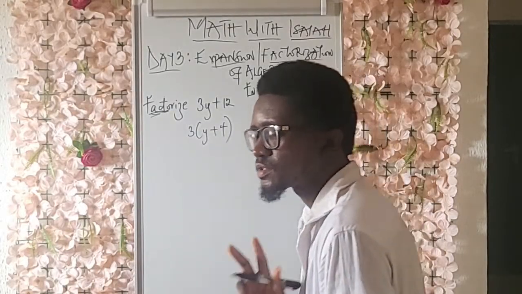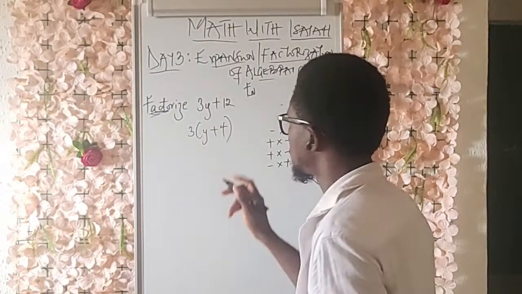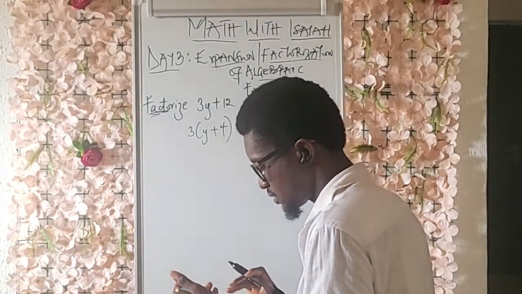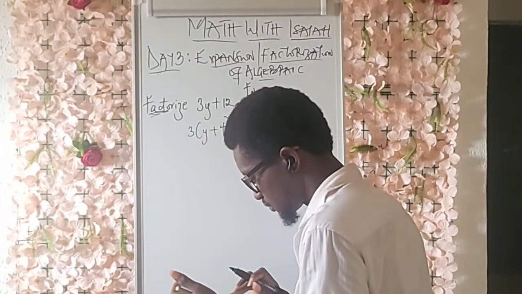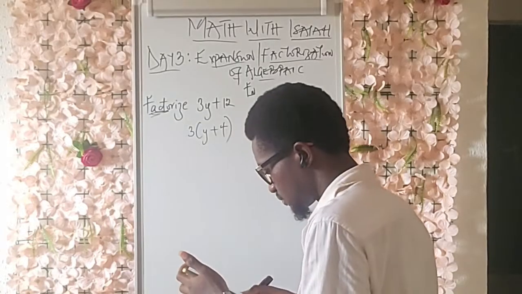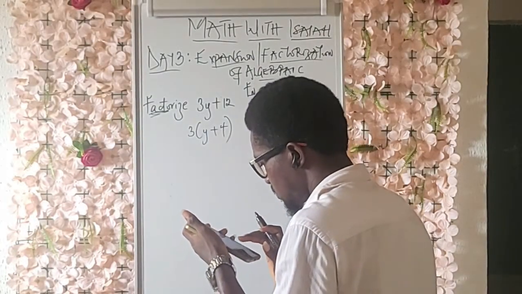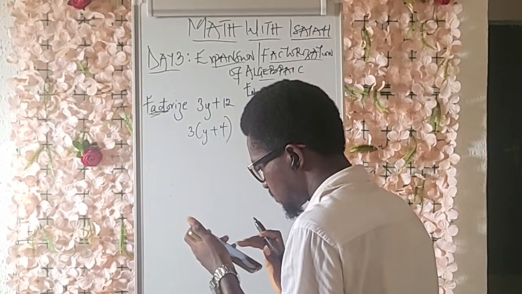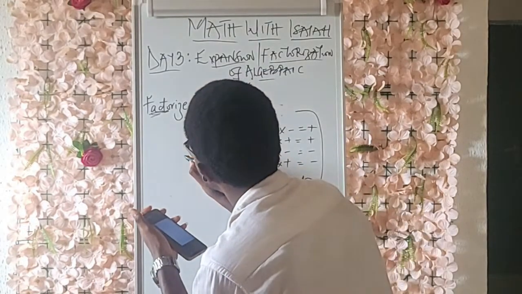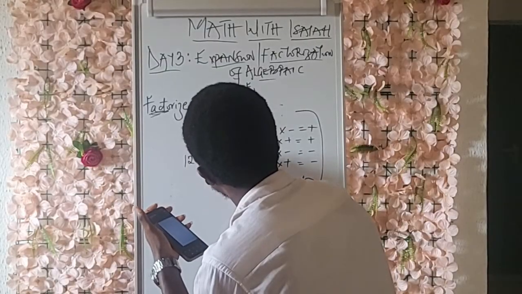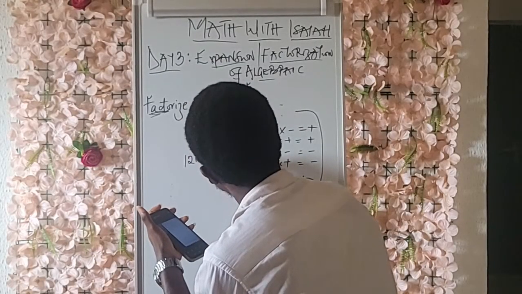Okay, I said I was going to do just one example of each, but let's do one more of this. Okay, a question. Okay, let's factorize 12m plus 8m squared.